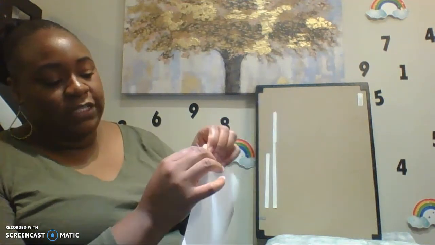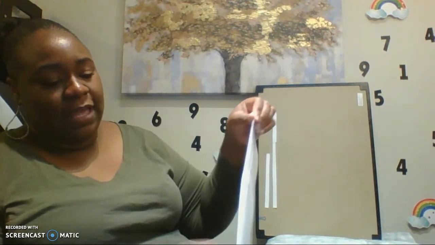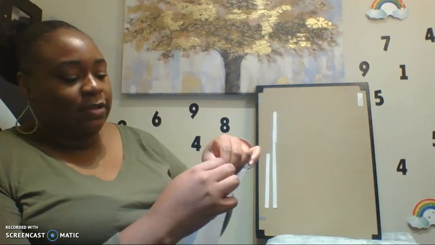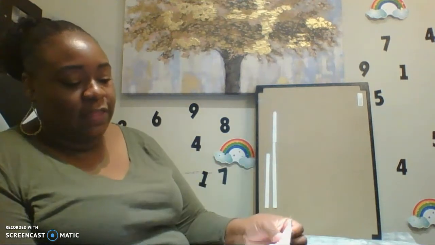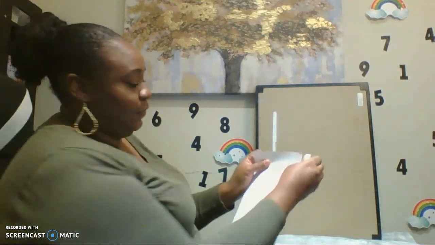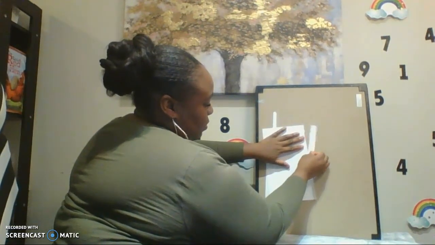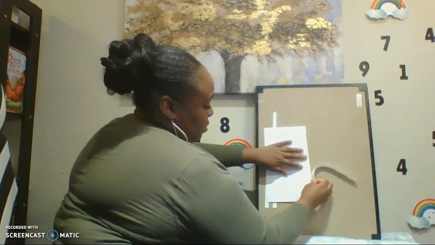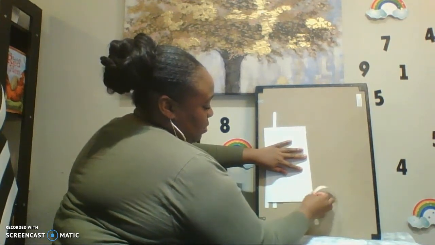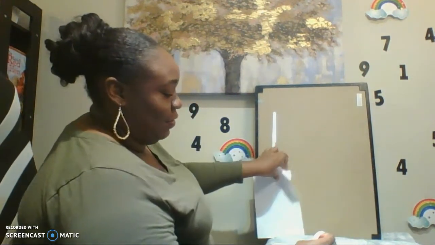And if you can't do this on your own, you can ask your mommy and your daddy to help you. And then you just tear down the line like this. Tear down the line. And there you have a strip of paper.